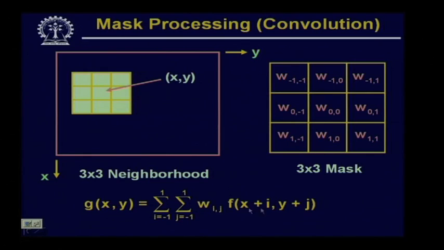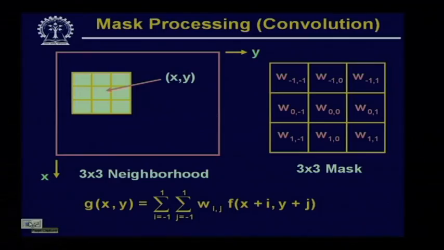The mathematical expression of this is given at the bottom, and if you analyze it, you will find that this is nothing but a convolution operation. So, using this convolution operation, we are going for spatial domain processing of the images.